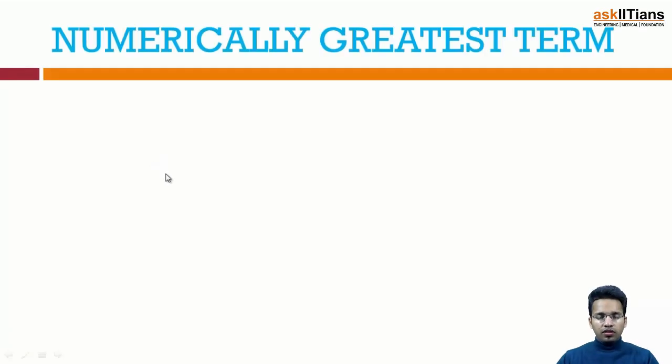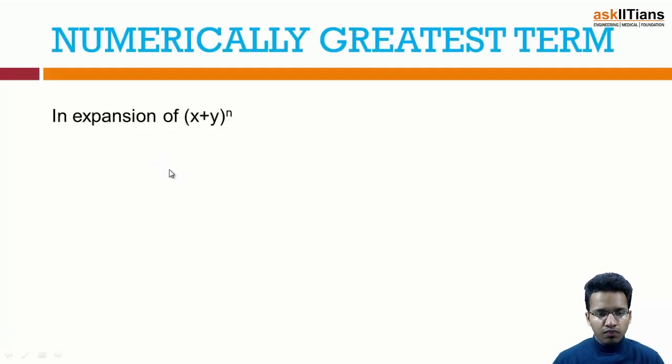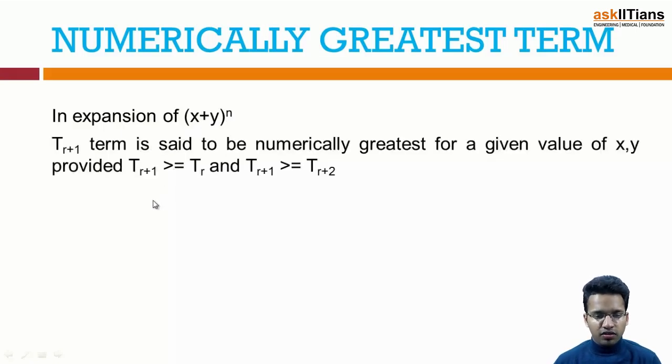Starting with first the statement and the expansion of (x + y)^n, we are looking for the numerically greatest term. Now one thing to note here is that, if you remember in the early parts, you were noting that the coefficients were increasing.